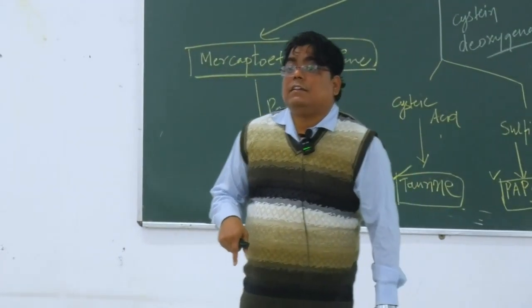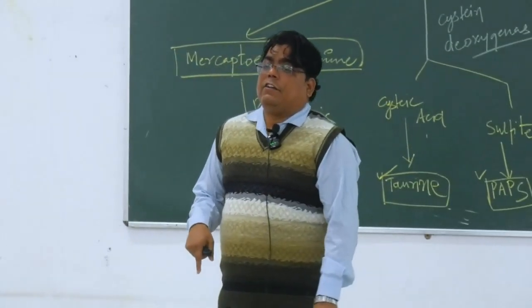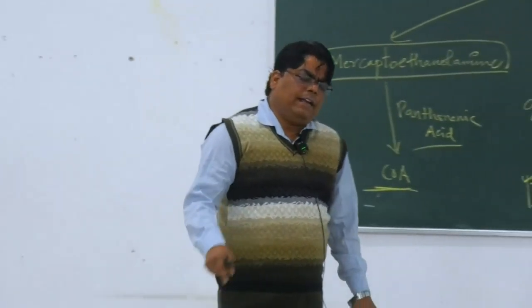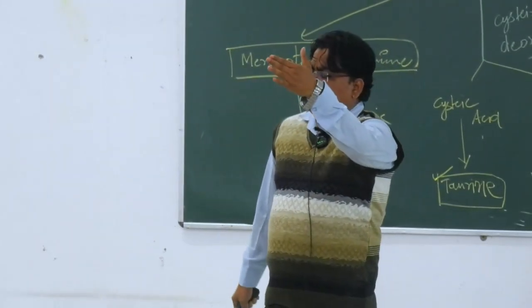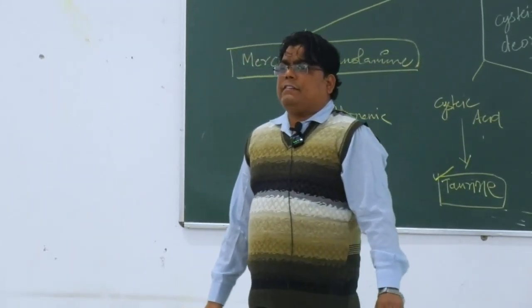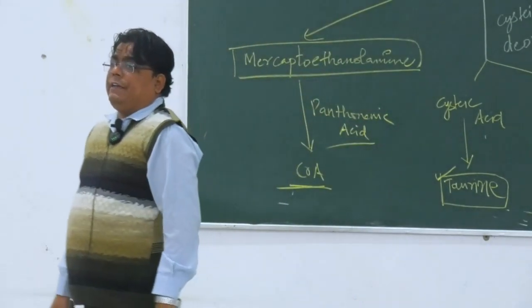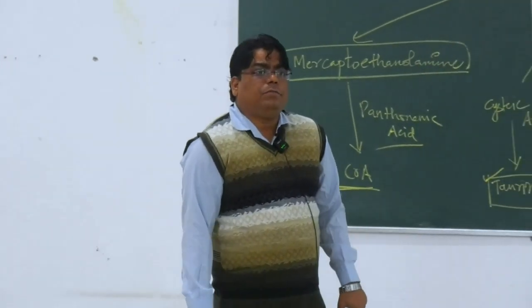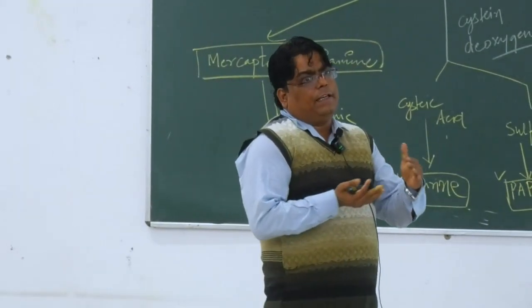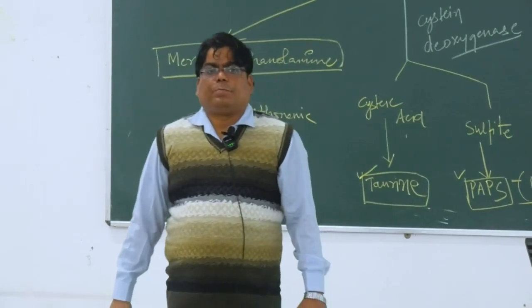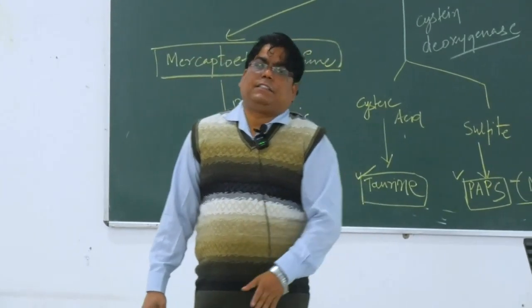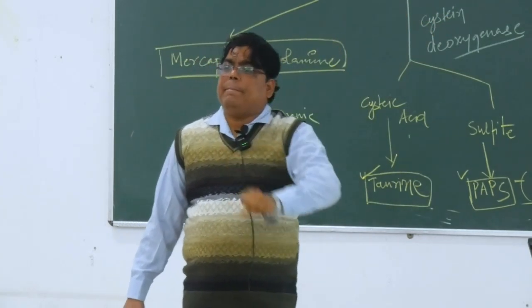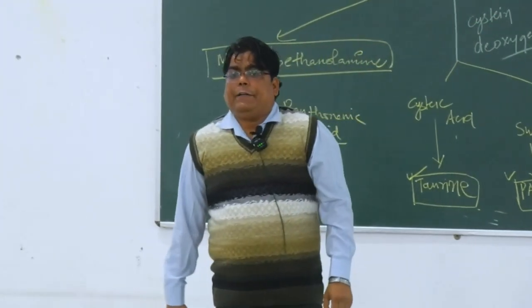S-adenosyl transferase is required, and after this reaction the next step is formation of S-adenosyl homocysteine, because homocysteine is forming here. So in the next step, formation of cysteine, and this directly participates in the formation of methionine with the help of vitamin B12.